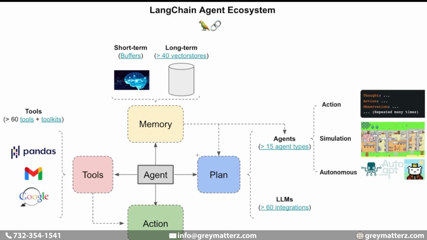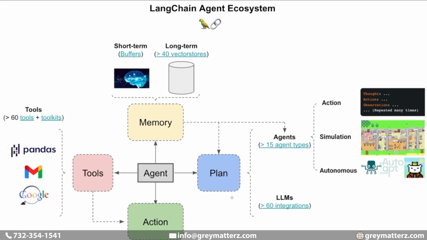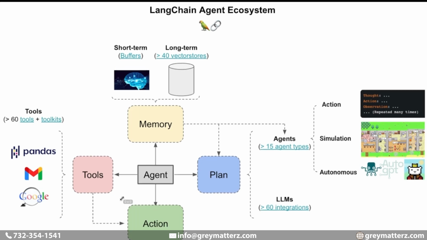When coming to the plan, the planning model helps the agent devise strategies to achieve specific goals. It takes input from memory and other components to outline a series of actions. Then action is the execution module where the agent performs the actions as per the plan.